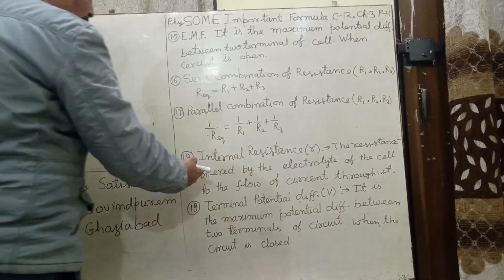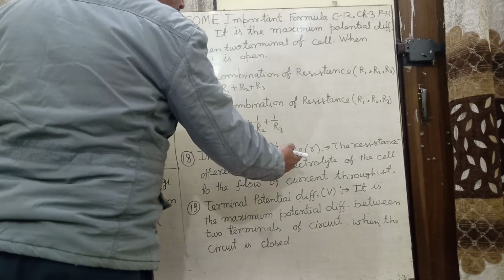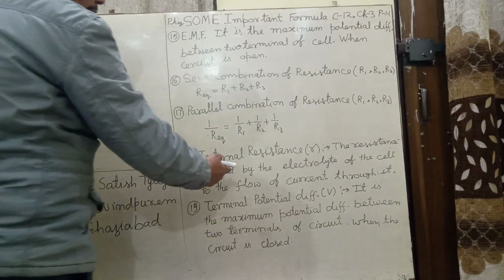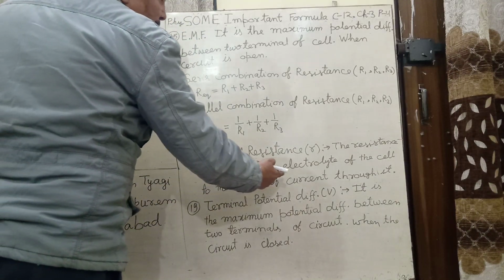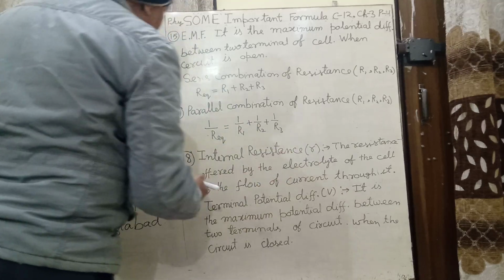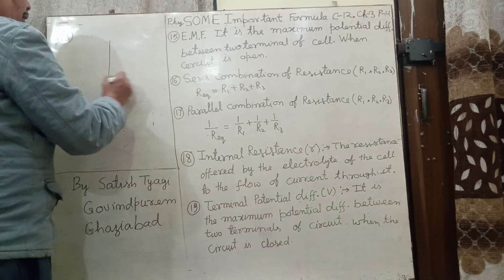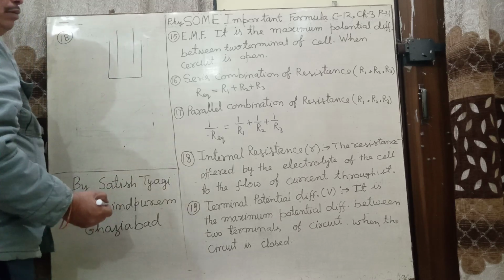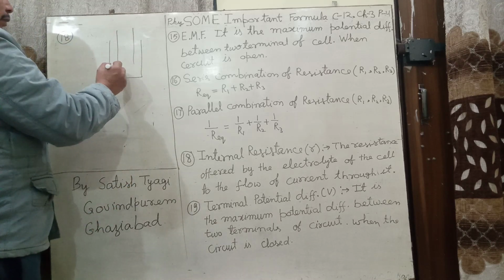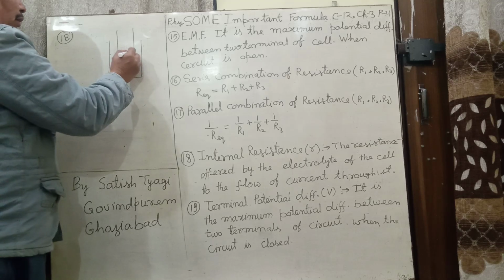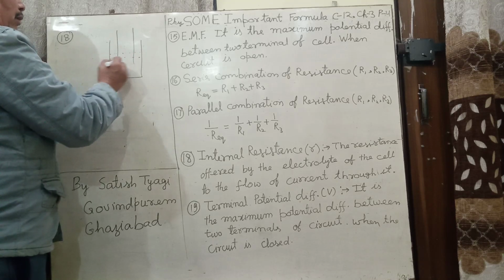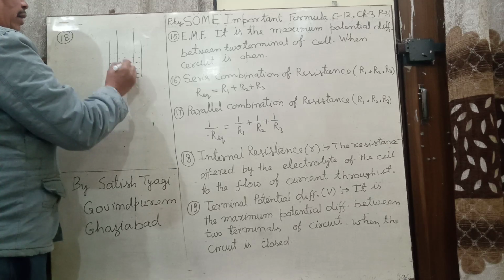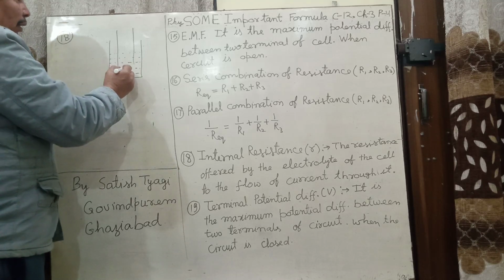It is the resistance offered by the electrolyte of the cell to the flow of current through it. Suppose this is a cell and these are electrodes. In this solution, the resistance is r.